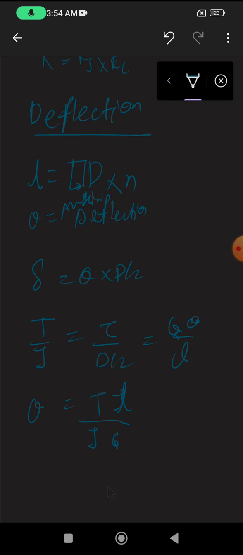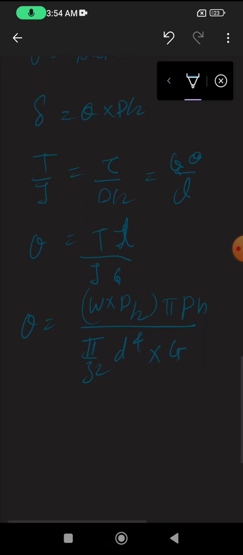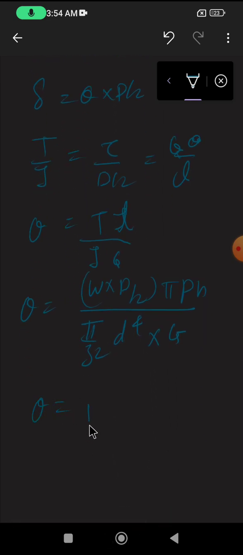If we substitute the values, theta will be equal to T, which is W into D by 2, into L, which we found as pi D n, divided by pi by 32 d raised to 4 into G. Substituting all this, we get theta equal to 16W D square n divided by G d raised to 4.